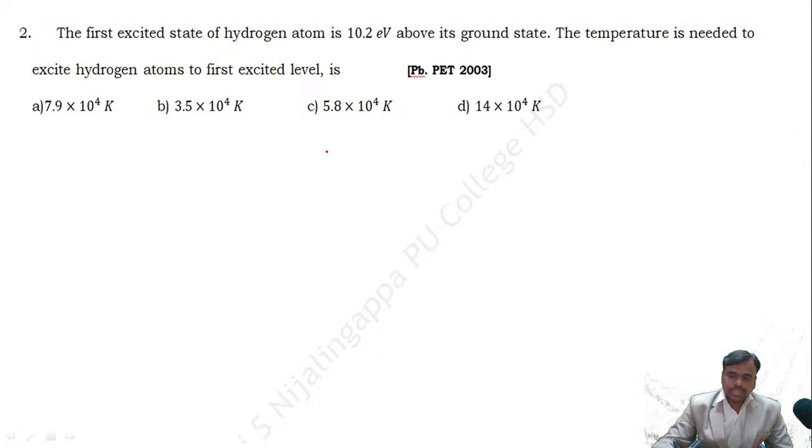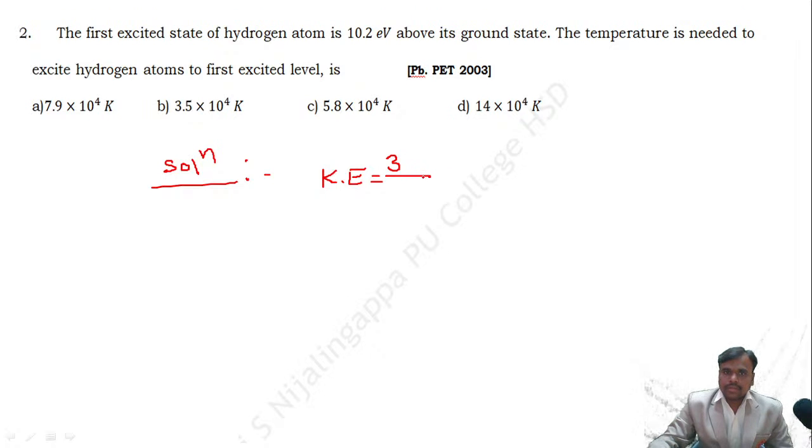Write down the solution. Write down kinetic energy is equal to 3 by 2 kT.